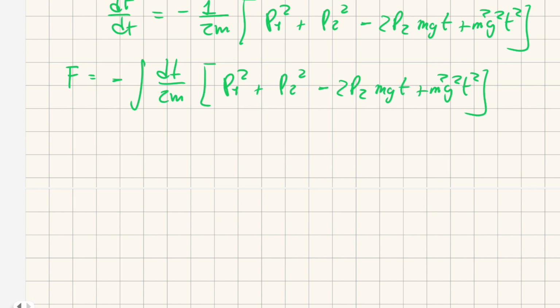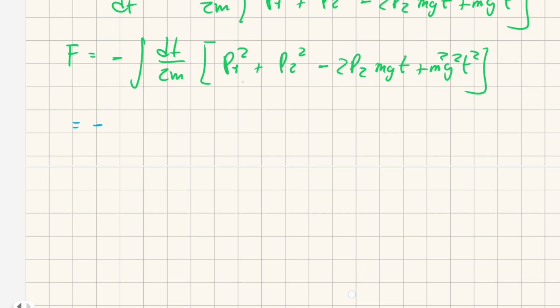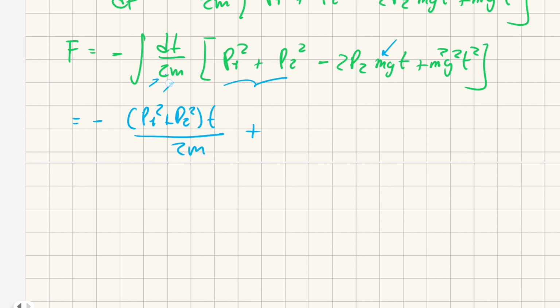This is going to give us that f is equal to minus, we have these two constants, so this will be (p1 squared plus p2 squared) times t divided by 2m, right? And then this minus with this minus is going to be a plus, and then these two cancel with these two over here. So we will get, and this m can cancel with this m, right?